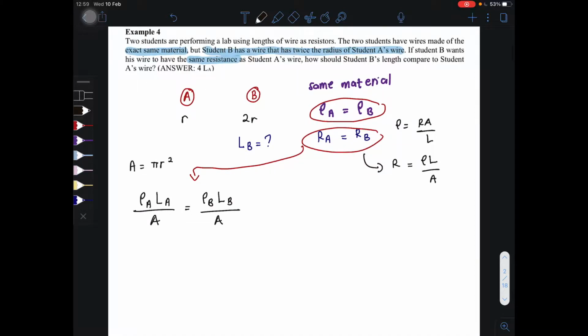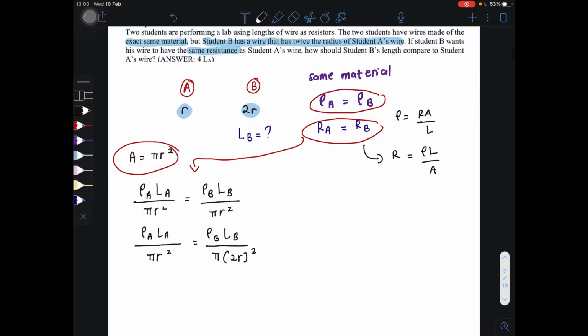The area will be πr² and πr². But the radius for A is just r and for B is 2r. So putting in, ρA LA divided by πr² is equal to ρB LB divided by π(2r)².